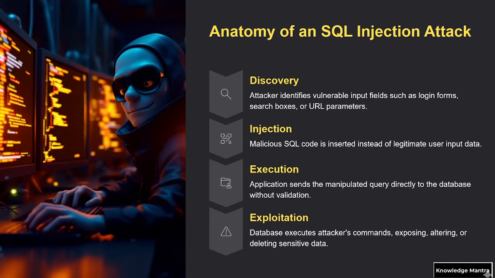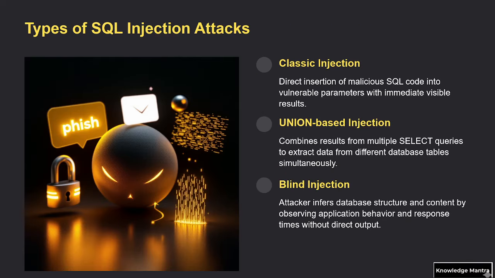Finally, the exploitation: the database executes those commands, revealing, altering, or deleting sensitive data. So there are also different types of SQL injection attacks. I hope you got the 4 stages of SQL injection, ending with exploitation.